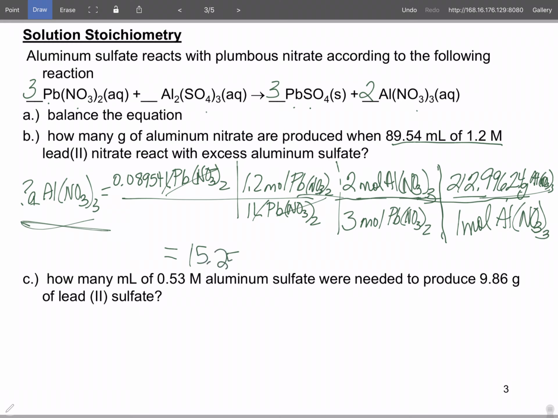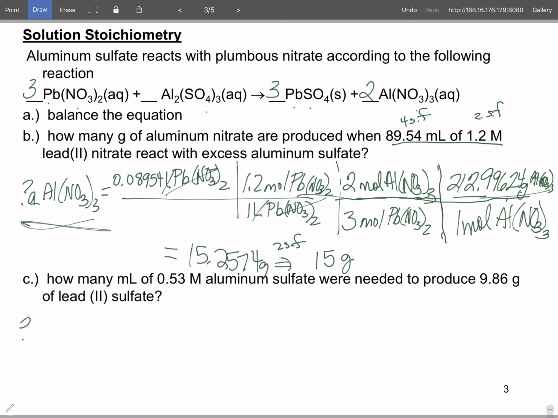I get 15.2574 grams. This is 4 significant figures, but this is only 2 significant figures. So that's the smallest, and with 2 significant figures, we get 15 grams. If that had been 1.200, then it'd be 15.26. But okay, we're good on that one now.